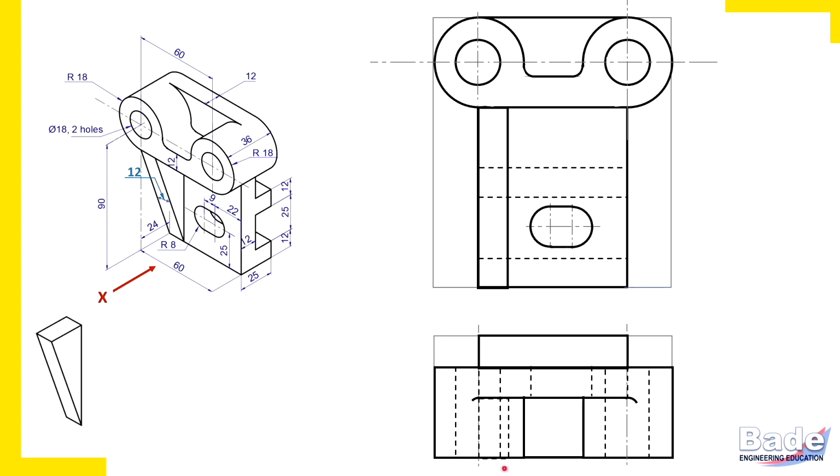You know that these two hidden lines here are for the hole, this hidden rectangle is for the triangular plate, and these two hidden lines are for the circular hole, this oval shaped hole. So if such orthographic views are in front of you, take help of end projectors. Imagine, visualize end projectors to read the orthographic views. Right now we are not reading orthographic views, we are drawing orthographic views from given isometric view.